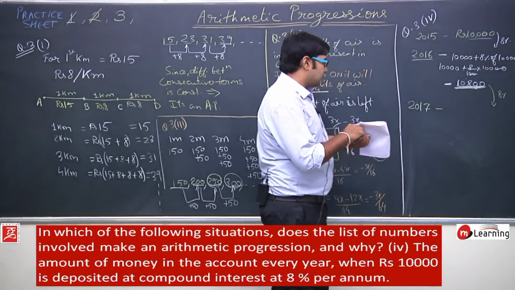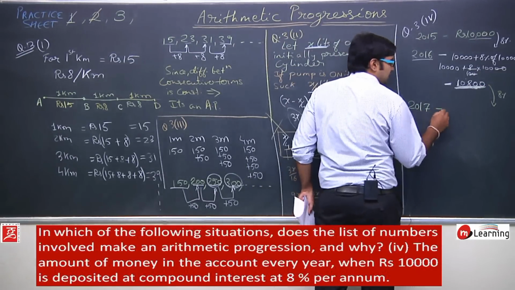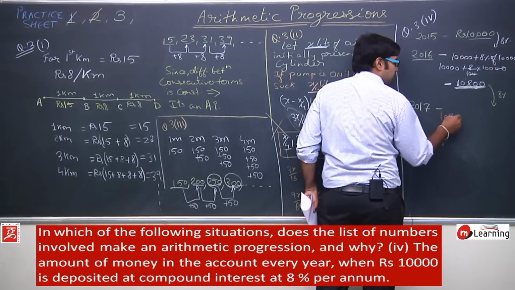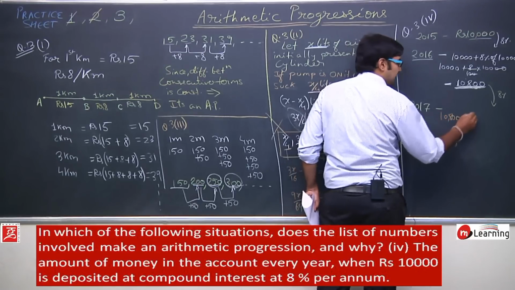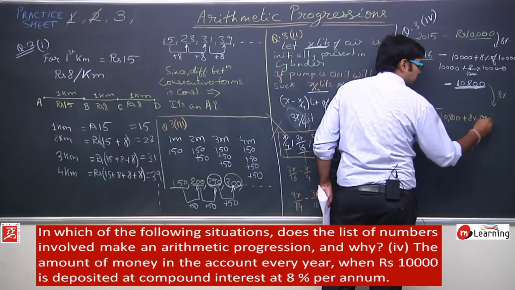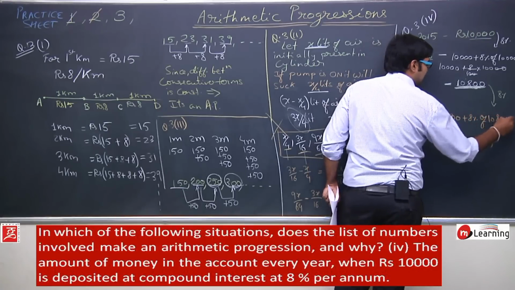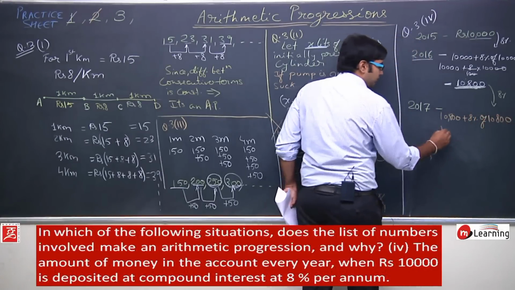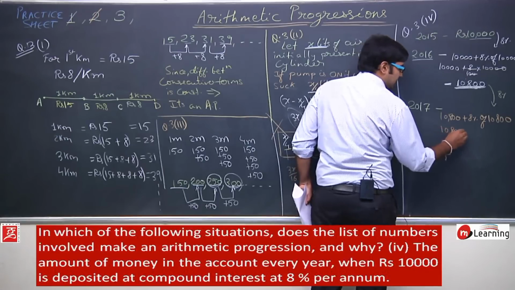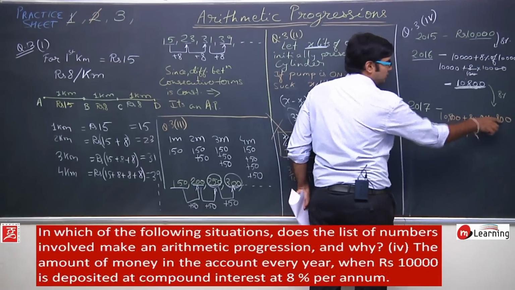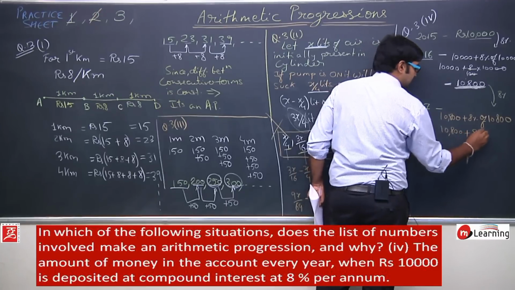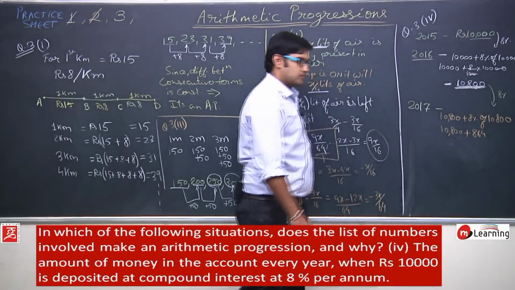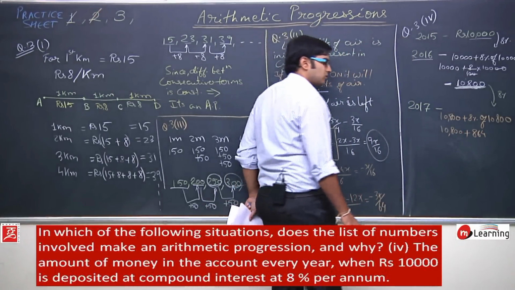It means if I check in 2017, the amount in my bank account will be 10,800 plus 8% of 10,800. So what will be the amount? It will be 10,800 plus 8 into this, which is 864 rupees.